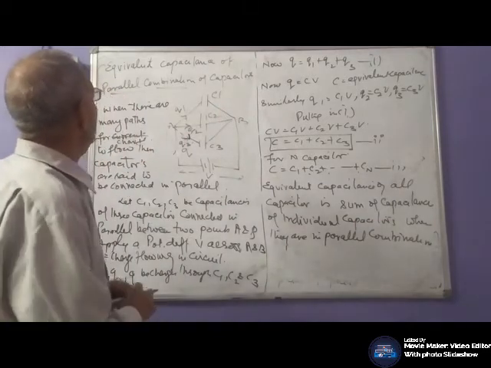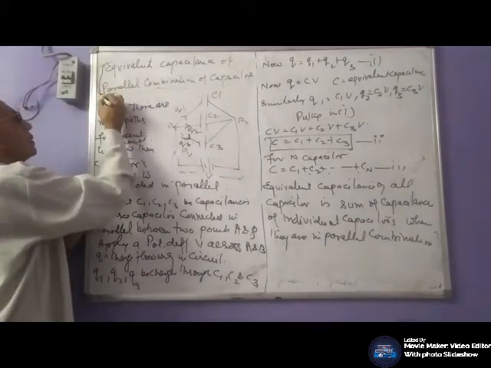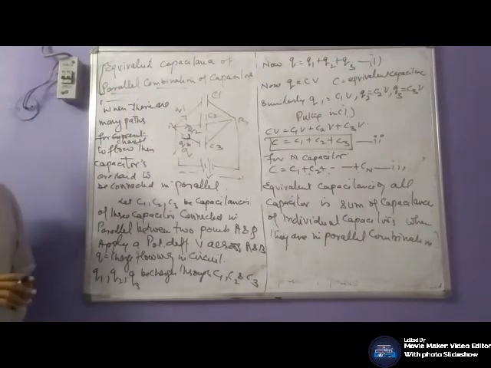So this is the equivalent capacitance of parallel combination of capacitors.